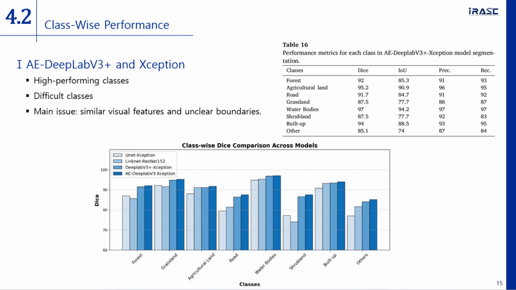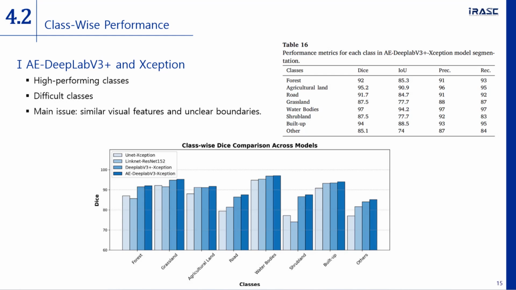Built-up areas reached 94 and forest reached 92. However, grassland, shrubland, and the others category had relatively lower scores. Grassland and shrubland both achieved 87.5, while others achieved 85.1.